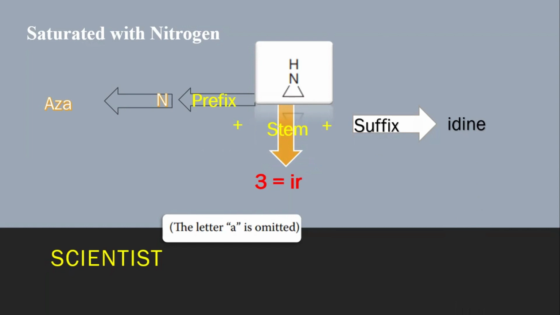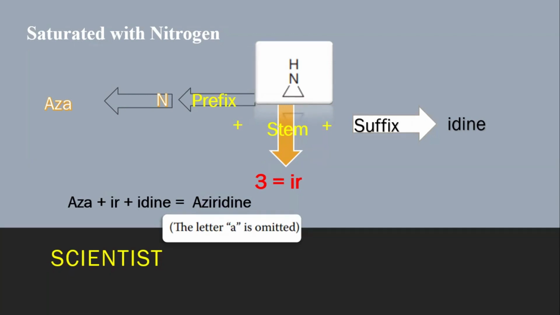Only idine is used in the suffix for 3 membering, 4 and 5. Should we name it? Yes. Aziridine. Az for nitrogen, ir for 3 membered, idine for saturated containing nitrogen. Letter a is omitted. Aziridine. Okay.